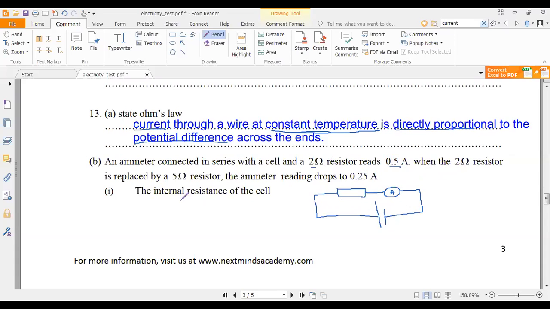So they are asking us to calculate the internal resistance of the cell. So if the cell has an internal resistance, this is an external resistance. In our calculations, we are going to use the formula E equals I into R plus r, where small r is the internal resistance and capital R is the external resistance due to an external resistor.